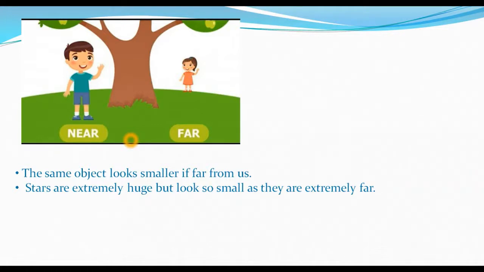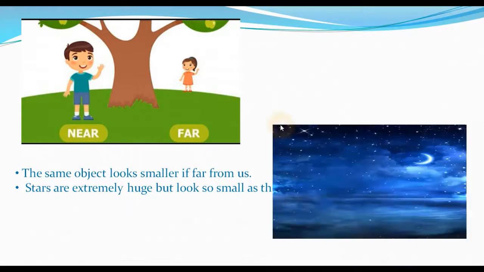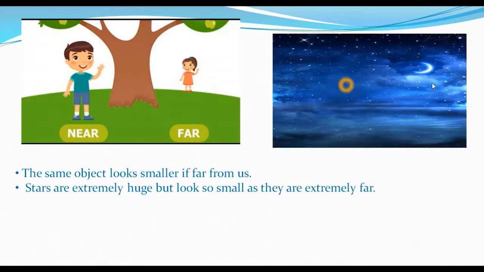And the same thing happens in the case of stars. Stars are very, very large objects having the shape of a ball. Stars are extremely huge but look small as they are extremely far from us. If you look at the night sky, you can see tiny objects as stars, and you can see that the moon appears big in size.